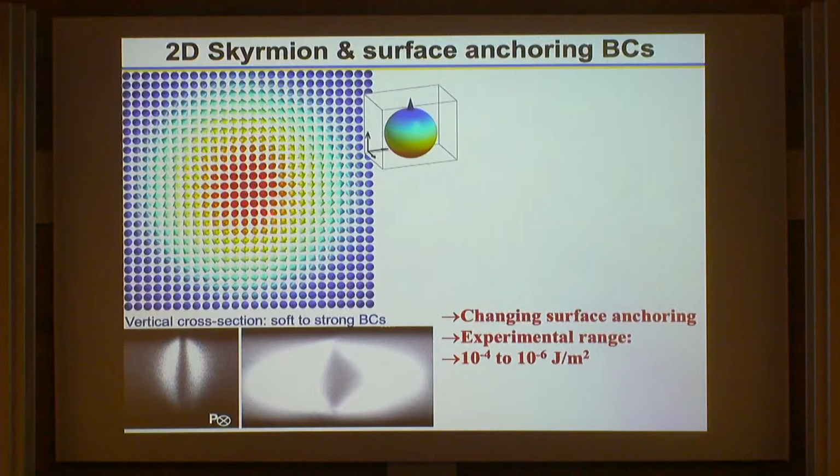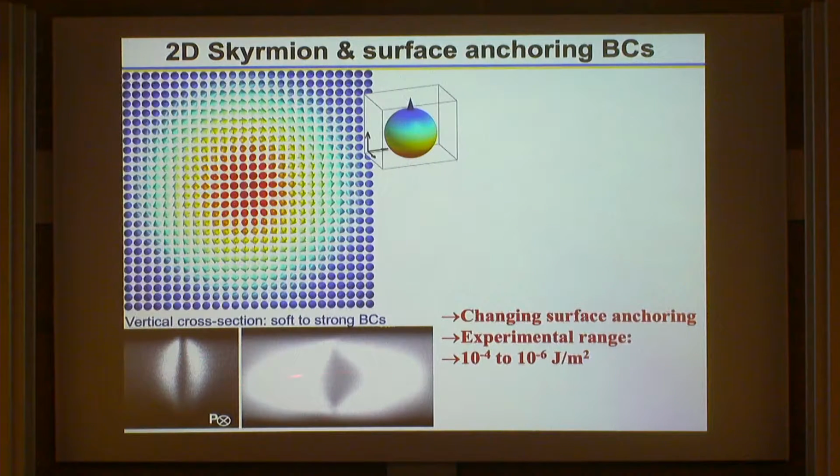If you look in a 2-dimensional plane, this is the field configuration that we typically would have, but the interaction with confining surfaces can also morph this field configuration, so that it wouldn't be perfectly translationally invariant under relatively strong surface boundary conditions.